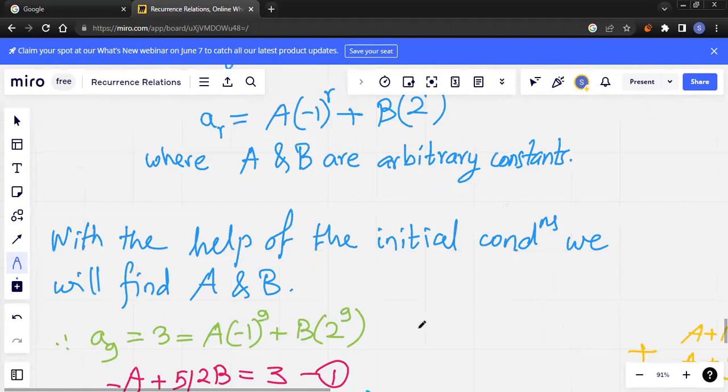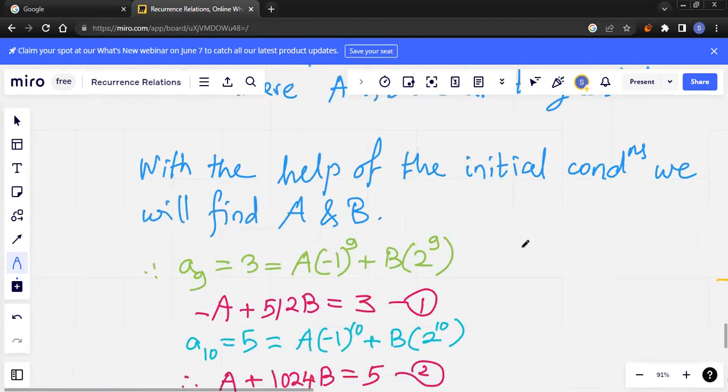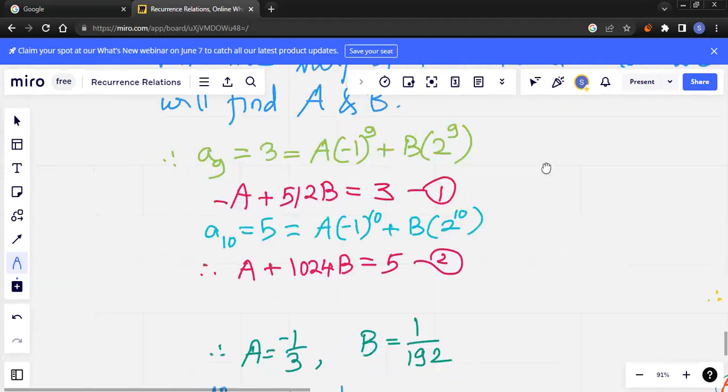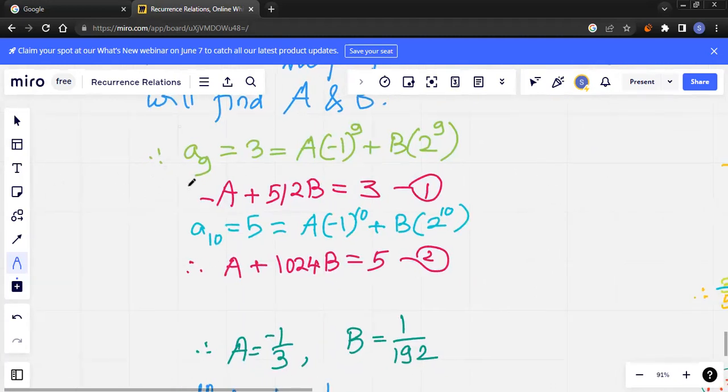Now let us use the conditions. The word initial doesn't suit over here. So with the help of given conditions, we'll find out A and B. Now a_9, they have supplied us with a_9. a_9 is 3.